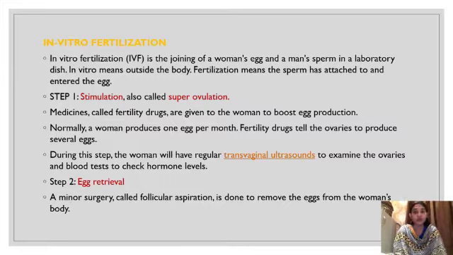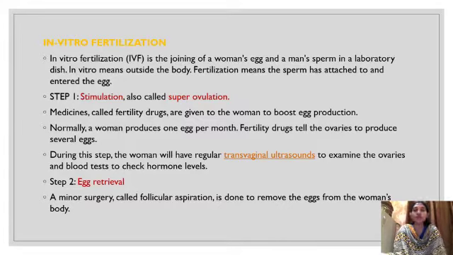So let us see what are the steps that take place in vitro fertilization. The first step is known as stimulation or superovulation. When I say superovulation, I obviously mean this is taking place in the woman's body.